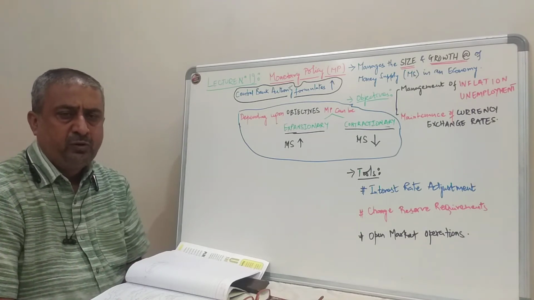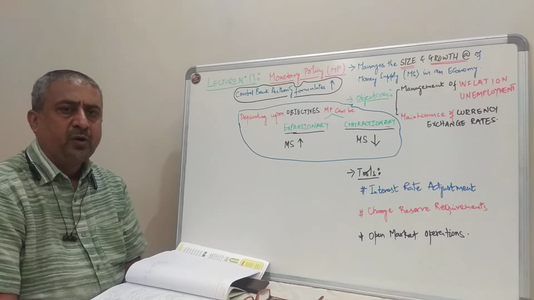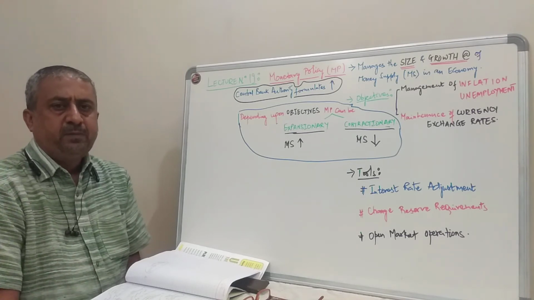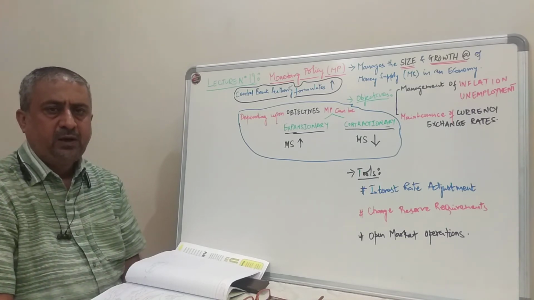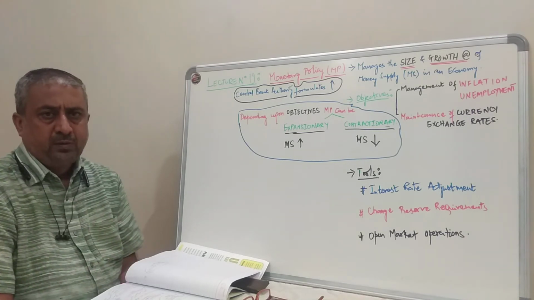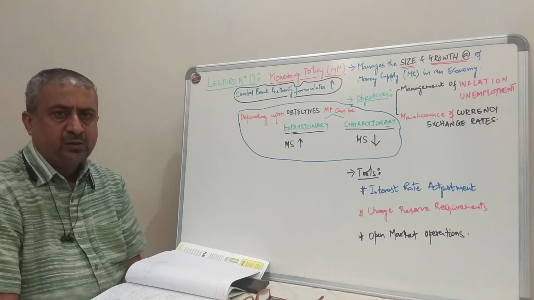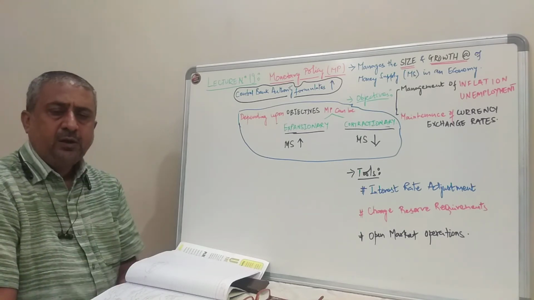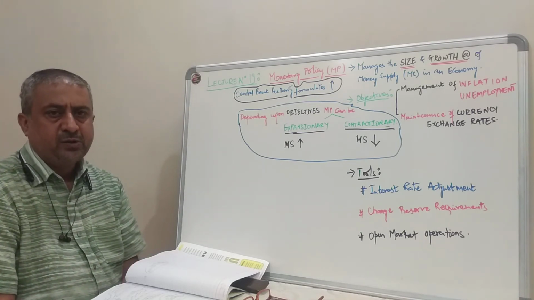How do you beat unemployment? You try to make the cost of borrowings, that is the cost of loans, relatively cheaper so that people invest, and at the same time you make deposits attractive by increasing the interest rates on deposits.